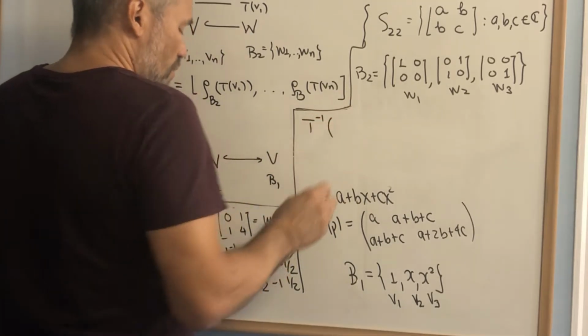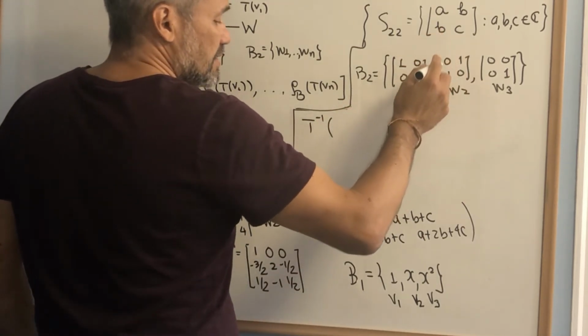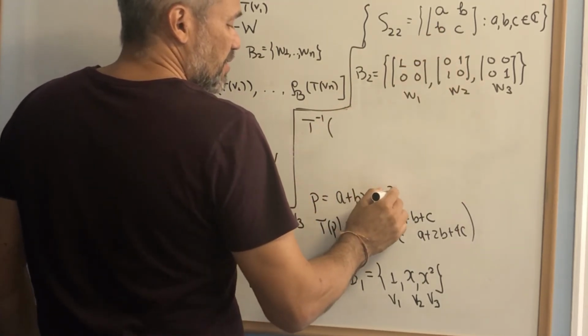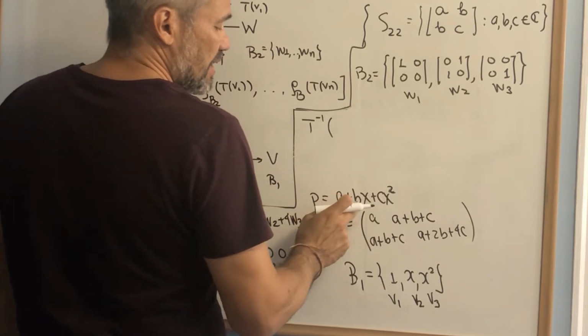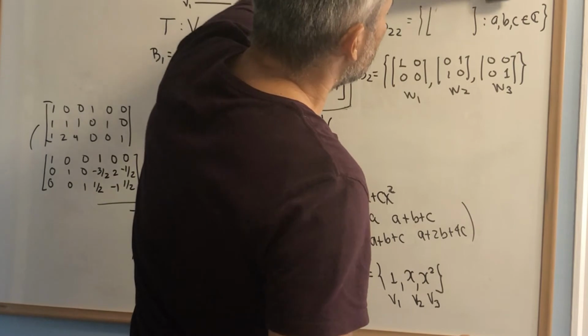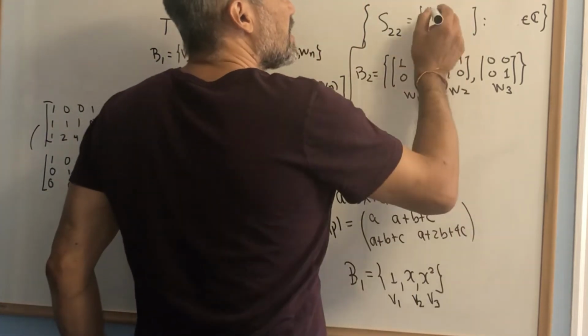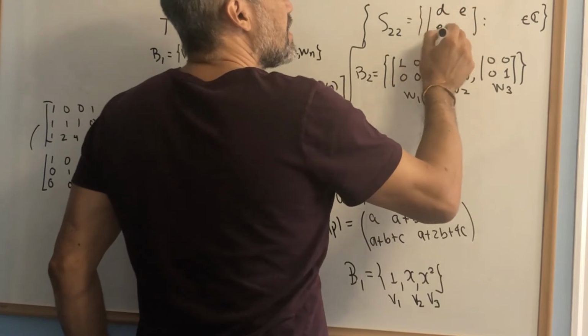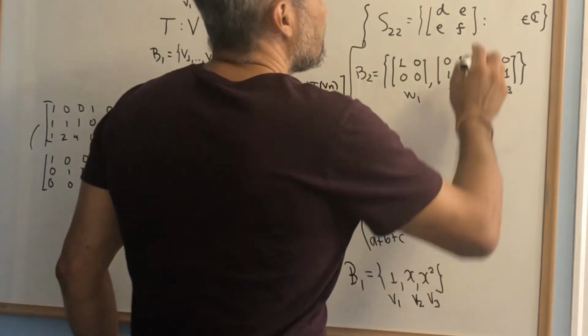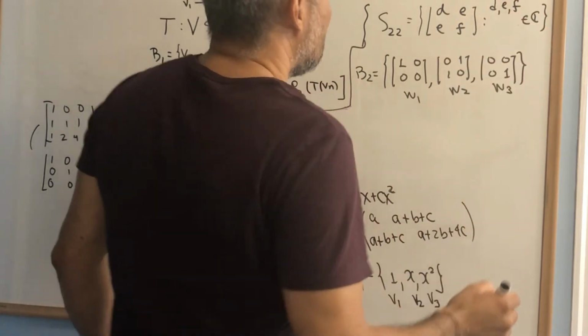T inverse will take a matrix. Just to differentiate, let's call this symmetric matrix A, B, C, and here D, E, E, F, such that D, E, and F are complex numbers.